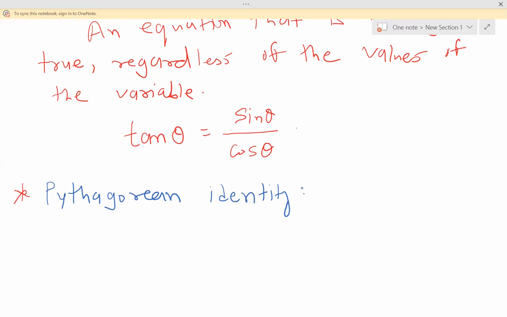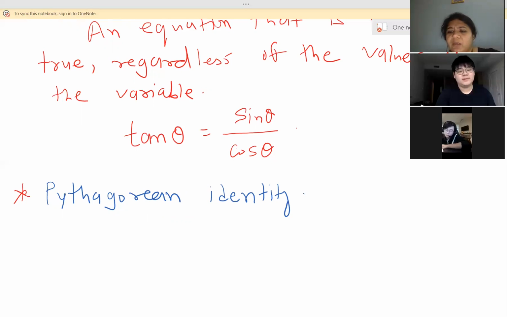Okay, what was the Pythagorean theorem? Can you tell me what that was? Is it for the sides of the triangle? For the triangle, yes, I'm just asking.